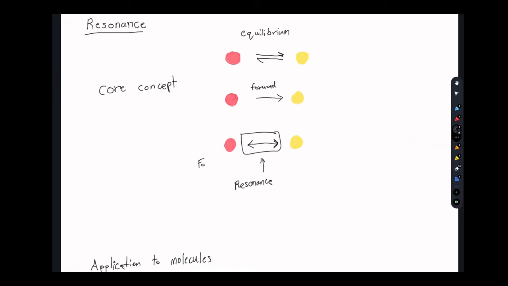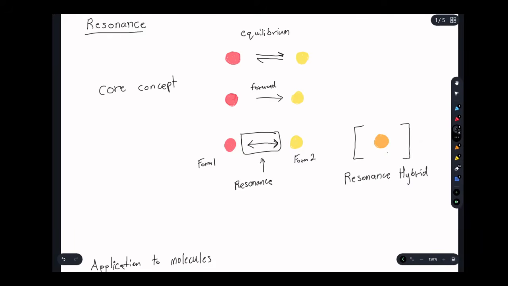We could call this form 1 and form 2. And the interesting thing is that neither of these forms actually exist. The red form doesn't turn into the yellow form. The yellow form doesn't turn into the red form. Neither of them actually exists. The true molecule is the resonance hybrid, a mixture of the two forms.